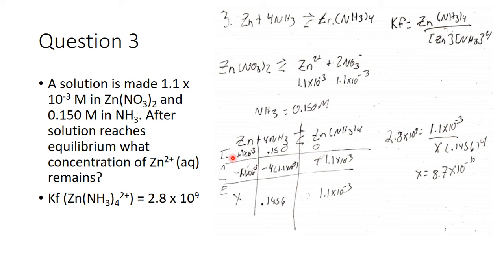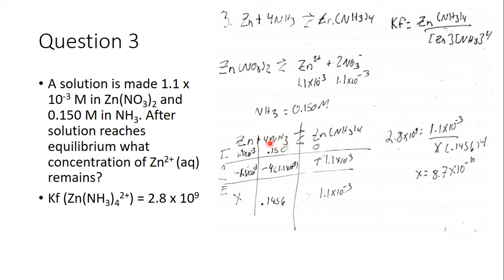But I'm going to assume just about all of this will react. So the assumption I can make is that for my reactant that is the smallest number, if my KF is big, I basically lose all of that in the reaction. So my change is negative 1.1 times 10 to the minus 3, which is the same number as my initial zinc. That change will be constant for all my C's.